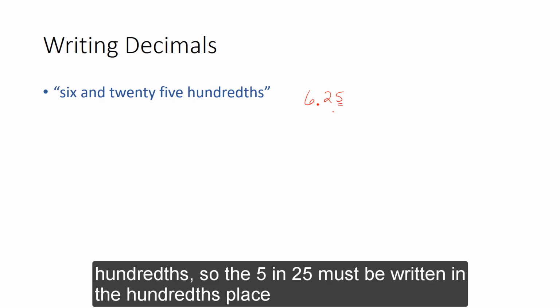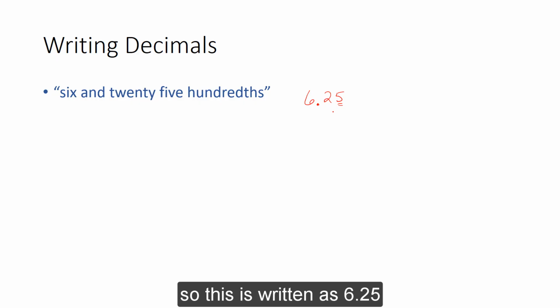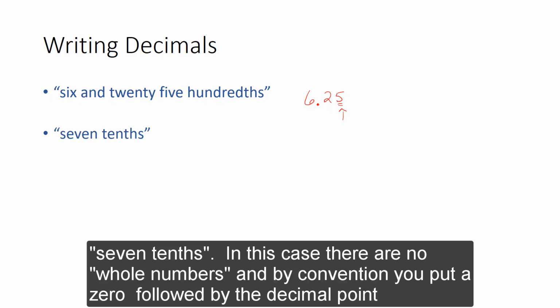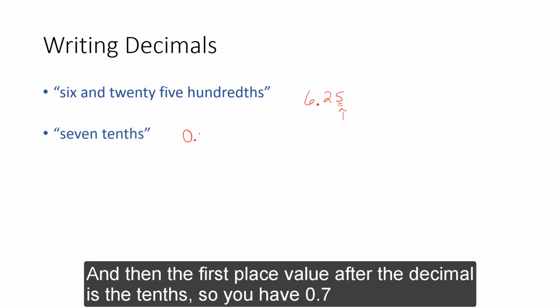So this will be written as 6 and 25/100ths. Again, there's the hundredths. Next, 7/10. Okay, so there's no wholes, and by convention you do want to put the 0 there, followed by the decimal point, and then the first place value after the decimal is the tenths, so you have 7/10.